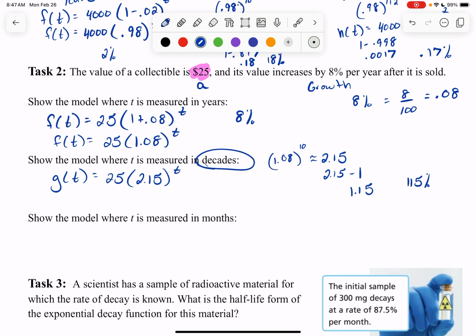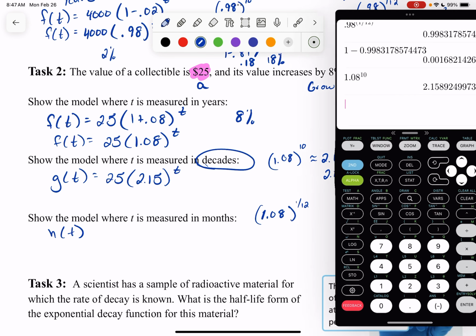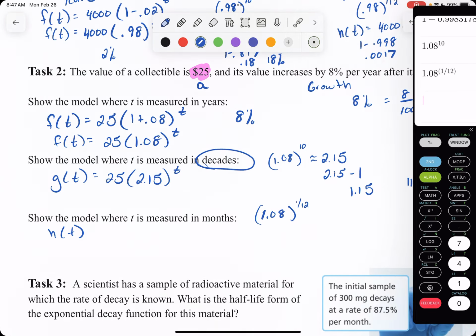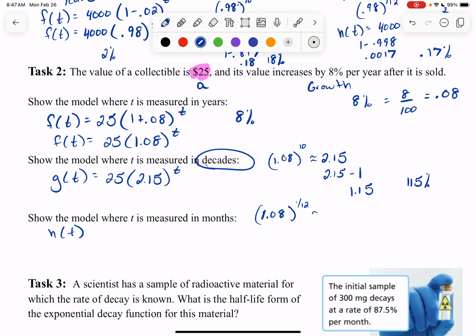Okay. And now for month, h of t, I take this 1.08 now to the 1/12th. We get 1.006. So 25 times 1.006 to the t.